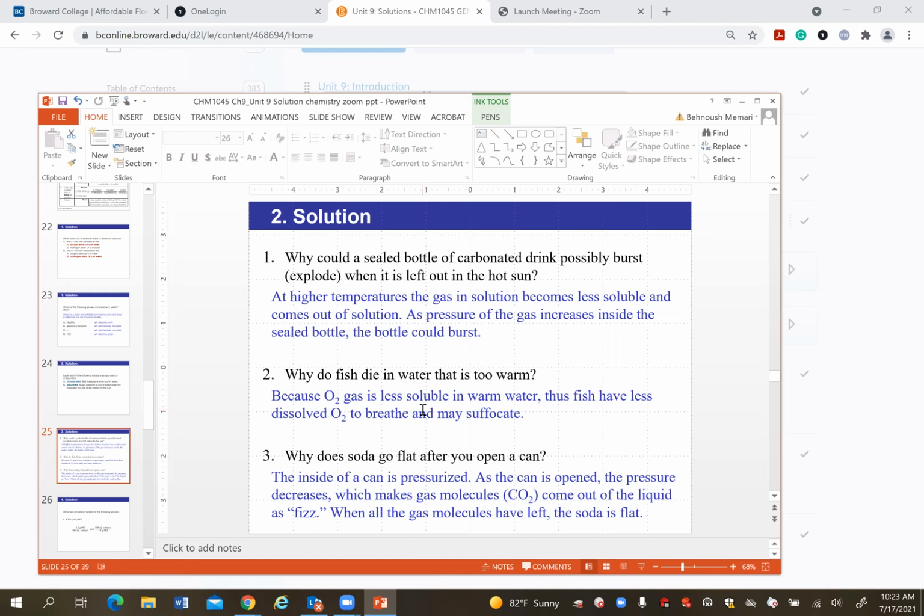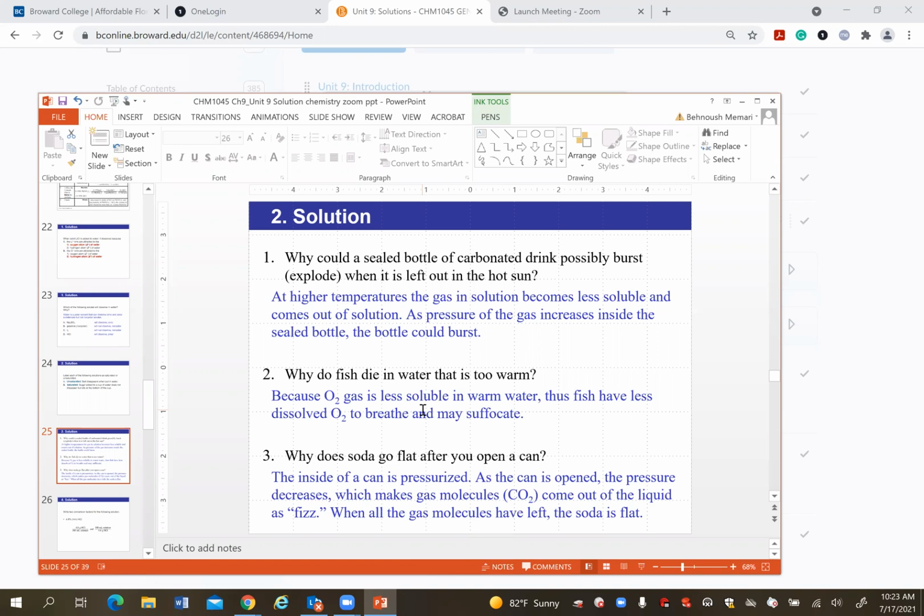If you experience this at home, you have a pot of water and you put it on the stove. Before it starts boiling, you would see some bubbles. And those bubbles are the gas molecules that were dissolved in the water. Now they're coming out. But when it reaches the boiling point, the water would vaporize. But at the beginning, the gas just comes out.